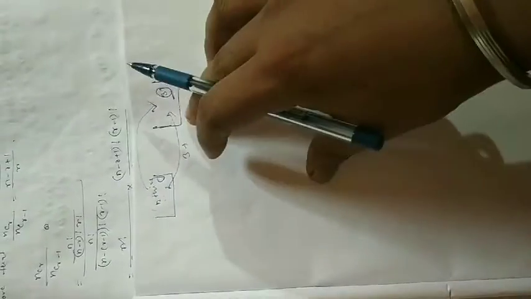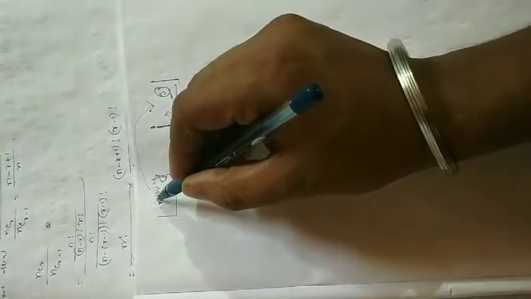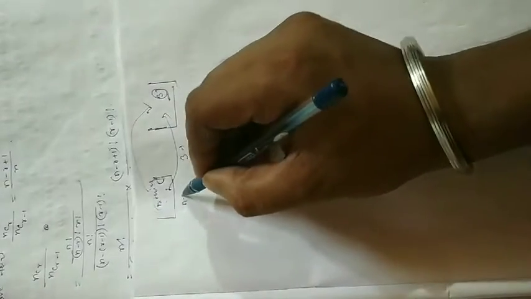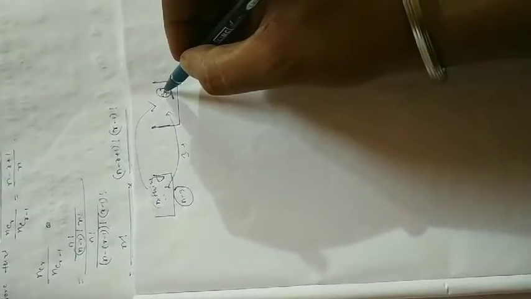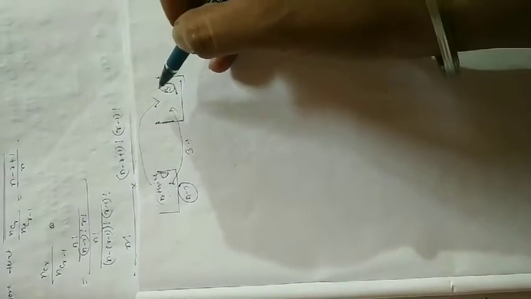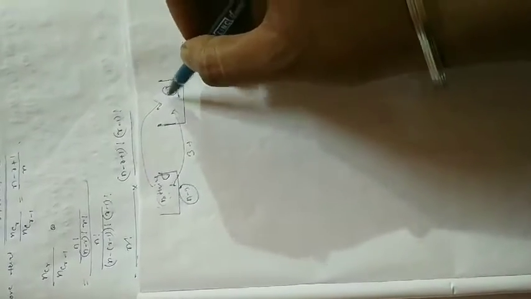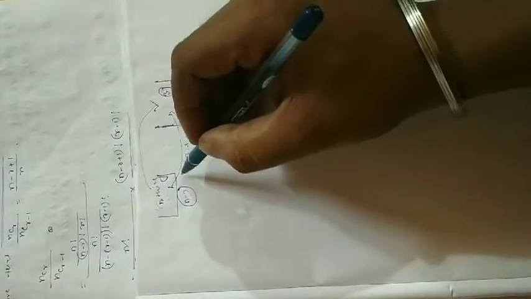So here will be 3 things already taken. Now the number of things remaining in this box is n minus 3. Now we have to take r things, and as 3 things are already taken, the remaining will be r minus 3 things.